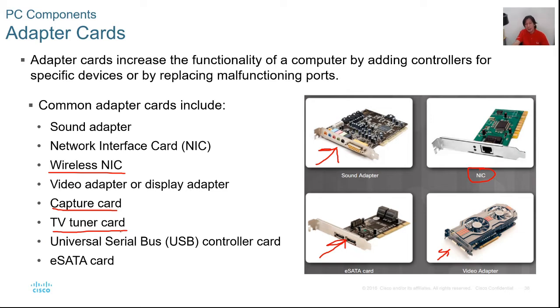But nowadays, TV tuners are no longer used because we have Netflix and internet movies, and the majority of media broadcasting is shifting to the IP network. Very few nowadays use a TV tuner. Then for the universal serial bus, if you want additional USB controllers, and the eSATA as I told you a while ago.